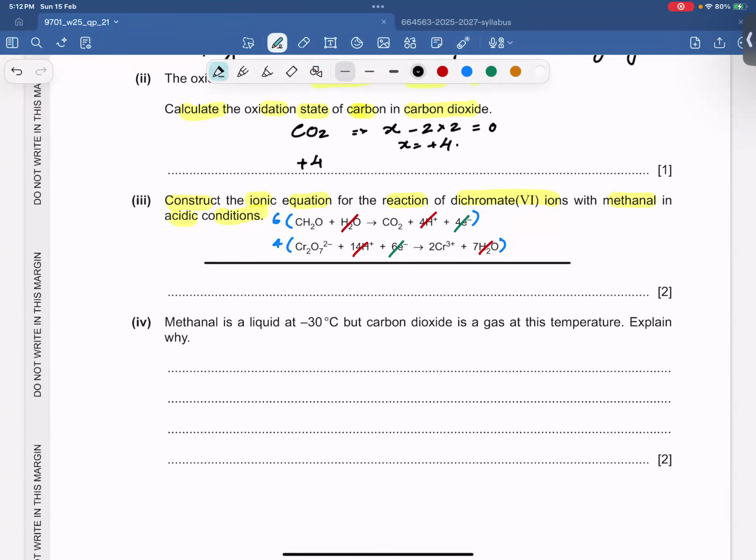Okay, so it's going to be 6CH2O plus 6 water molecules has gone, 4Cr2O7 2- plus 14 times 4 is 56. When we subtract 24 from 56, I'm going to get 32 hydrogen ions.